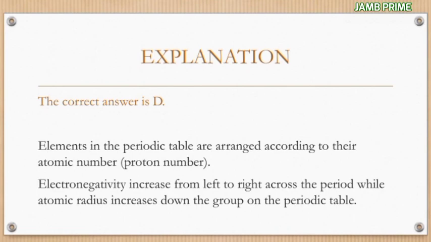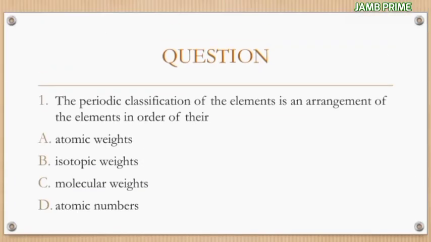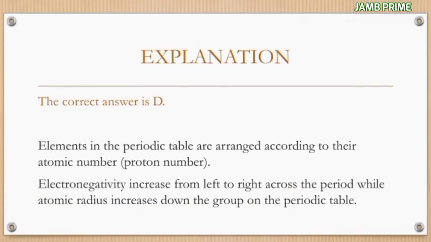If you see your periodic table, the column, the vertical, is called your group, while your row, the horizontal, is called your period. But what you need to note in this question is that elements in the periodic table are arranged according to their atomic number. So let's move on to the next question now.